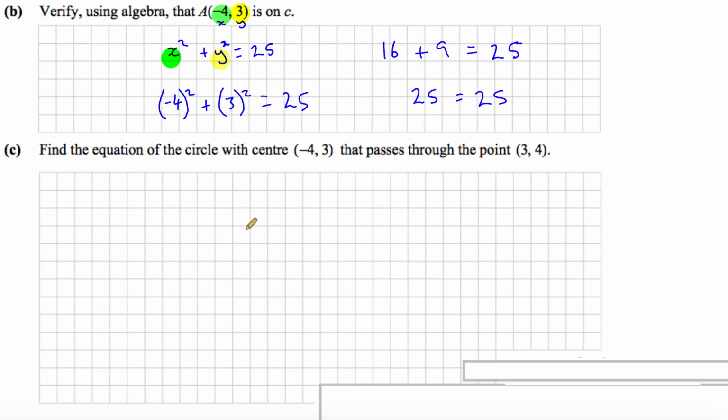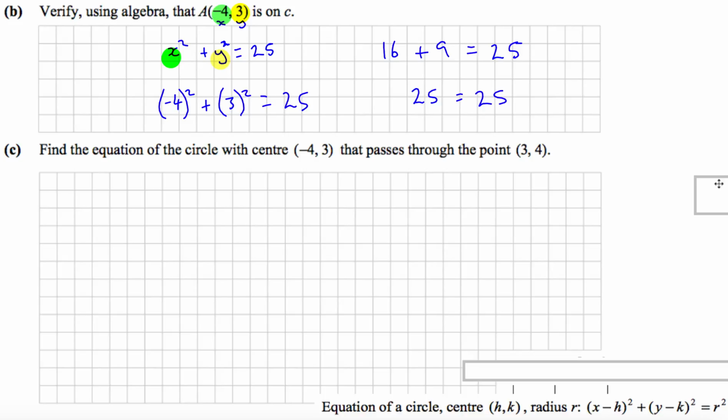So finally, part C says find the equation of the circle with center minus 4, 3 that passes through the point 3, 4. So if we're looking for the equation of a circle, again, that's going to be our equation that we worked with earlier, which is here again.